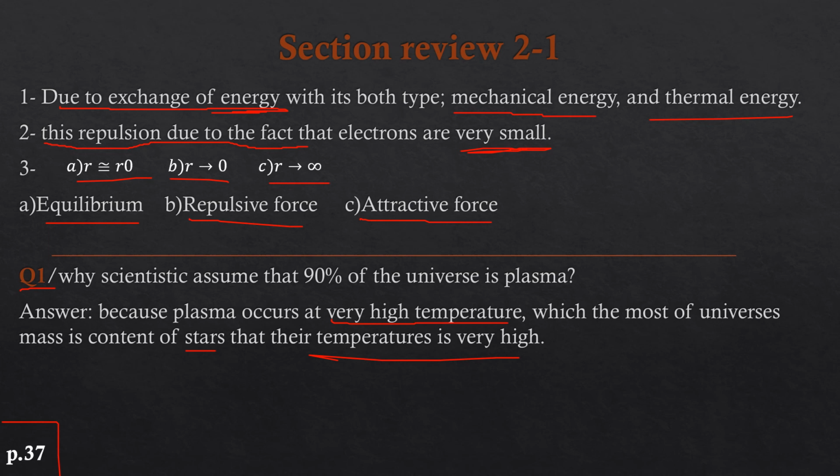We all know the stars' temperatures are very high, and that is why we call them plasma. There are a lot of stars around us, around the earth and around the universe.